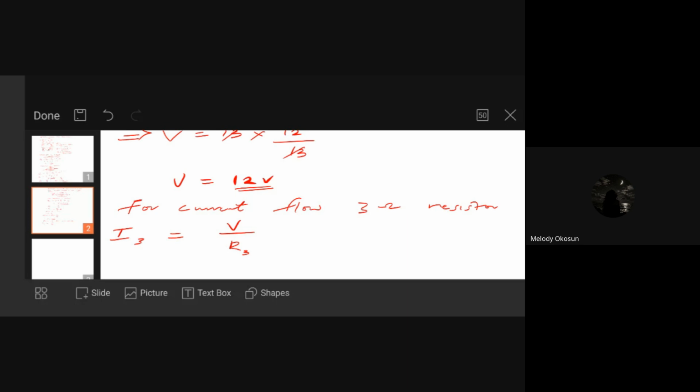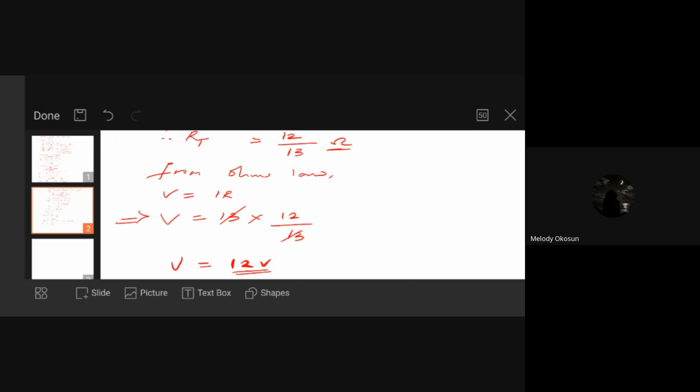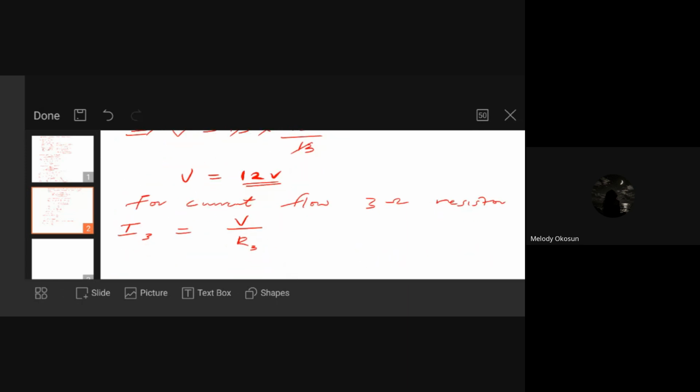So please, the 3 there simply means that we are talking about the resistor with 3 ohms. That's what the symbol means.